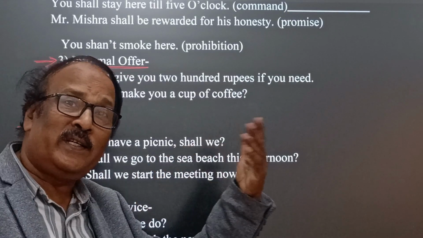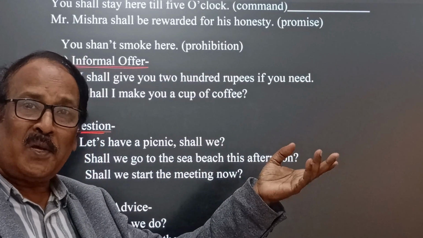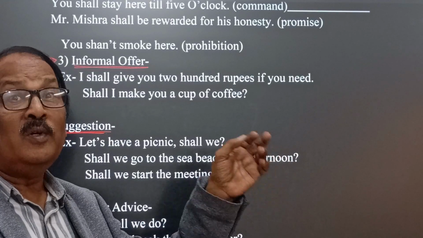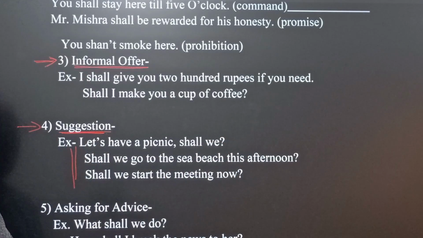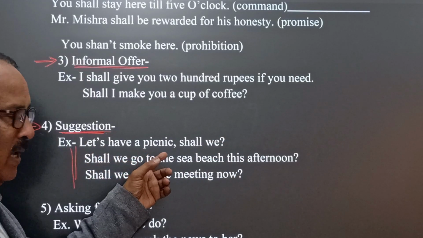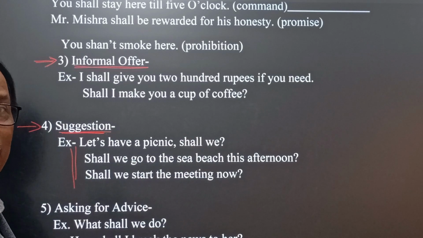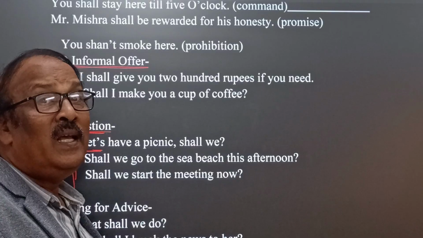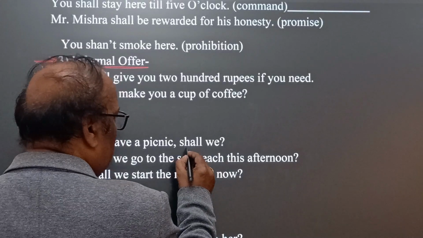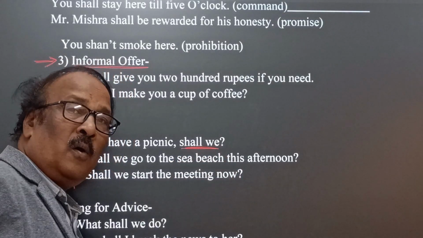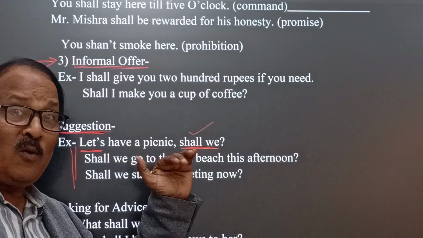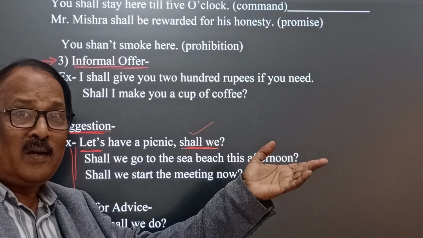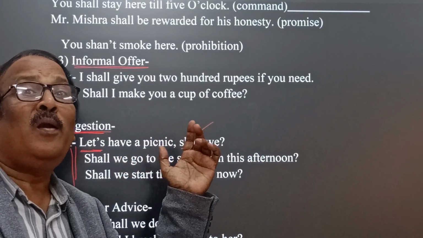Whenever we suggest that someone do something at that moment, we can also use shall. Let's have a picnic, and the tag question is shall we? If a statement sentence begins with let's, usually shall we is the tag question. Putting the tag question, the speaker wants to confirm whether they are ready to have a picnic or not.